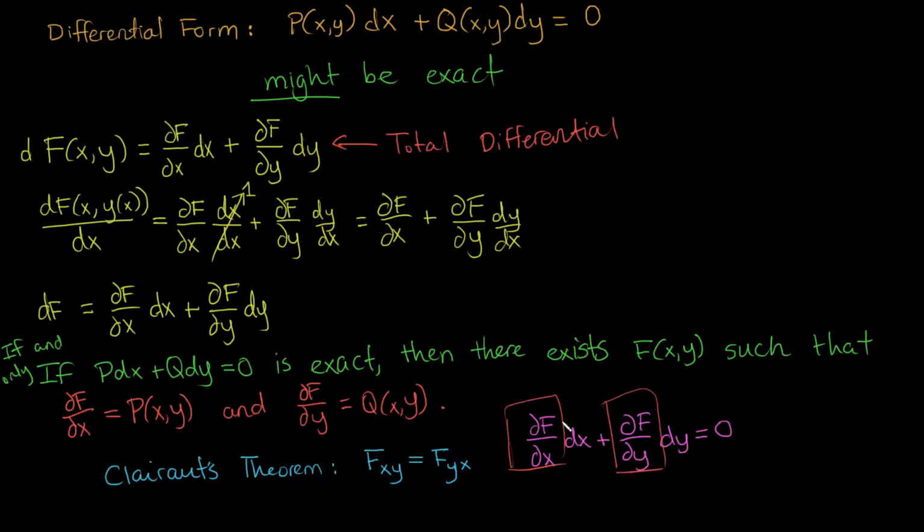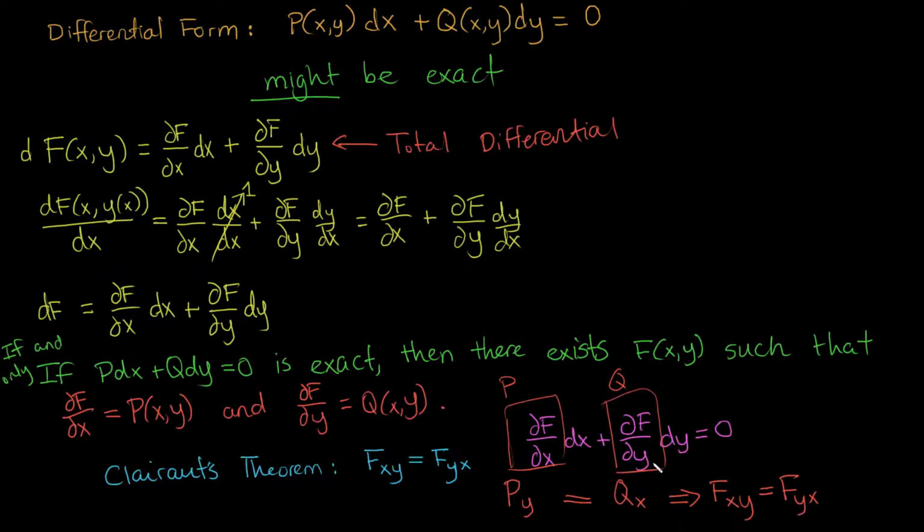So if it is exact, we should be able to use Clairaut's theorem and say, okay, this is P, this is Q. If we took the partial with respect to y of P, and we took the partial with respect to x of Q, if these two things were equal, then this would imply that there was another function, f, such that, because remember, P is just f sub x, if we're taking the partial with respect to y of P, that's f sub x y, this is going to equal f sub y x, because that's Q sub x. And indeed, Clairaut's theorem says that this must be true.